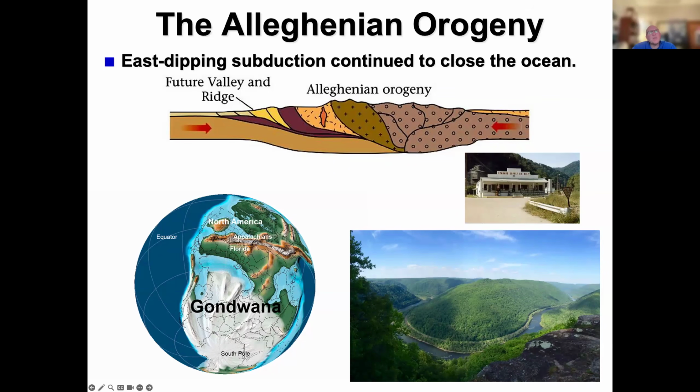And at the time that this Alleghanian orogeny was happening, we had a really tropical climate. There were these enormous coastal swamps all along the margins of retreating seas, and vegetation fell into these swamps.